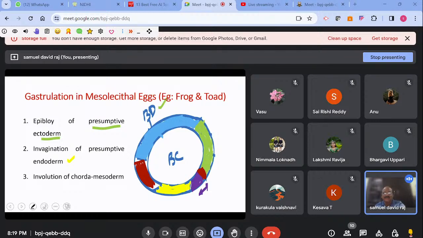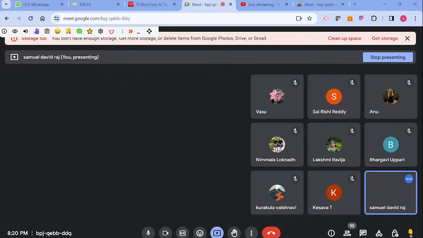Now what happens during the process of gastrulation? These cells exhibit morphogenetic movements. So first of all, the thing that happens here is invagination.